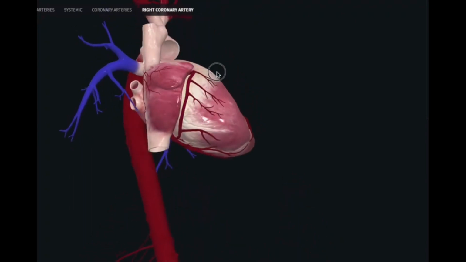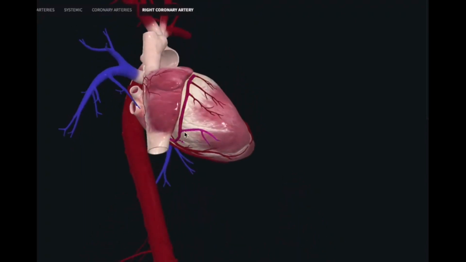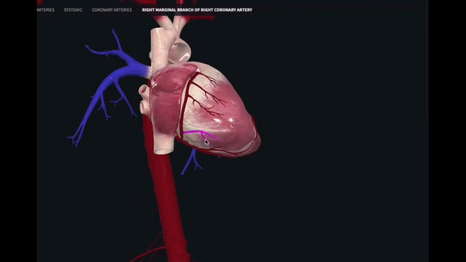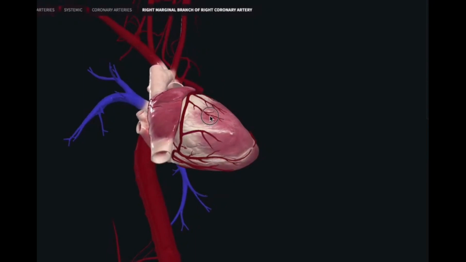Then we go down, and then we have what's known as the right marginal branch of the right coronary artery. Again, this is the top part of the ventricle, middle part, and now we can go to the inferior. So the right coronary artery comes all the way down, and then finally gives off two different branches. So we had the conus, the ventricular branches, the right marginal branch of the right coronary artery.